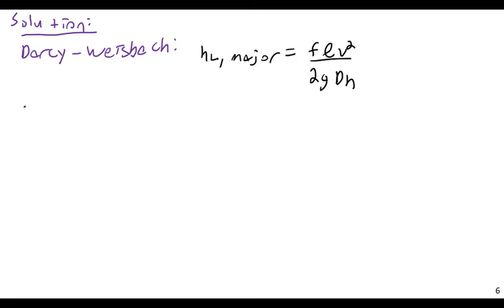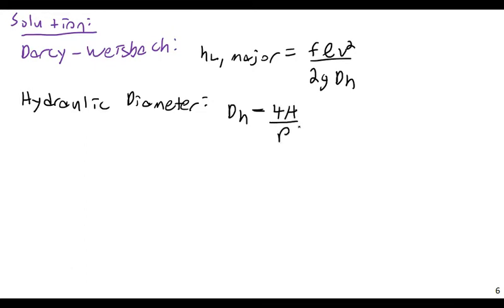So the hydraulic diameter DH is just going to be 4A over P, which we established previously.